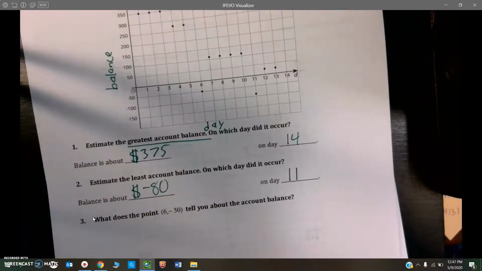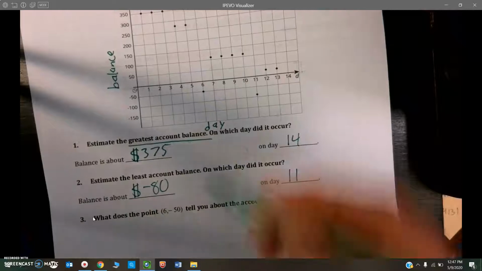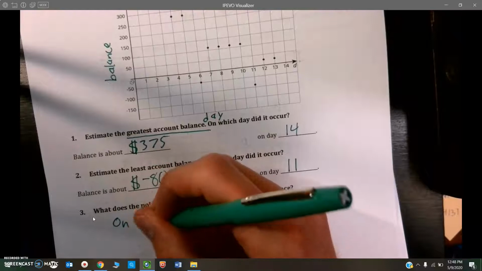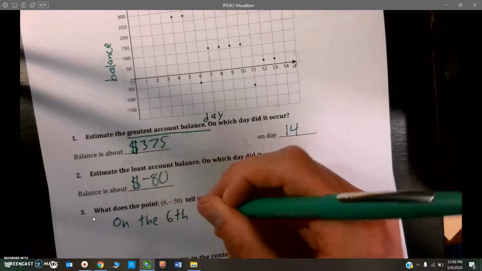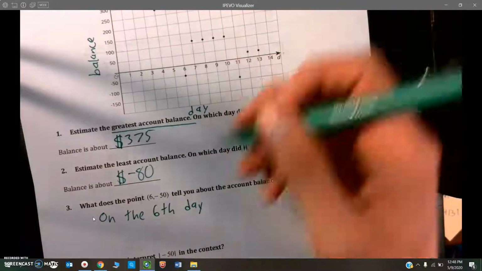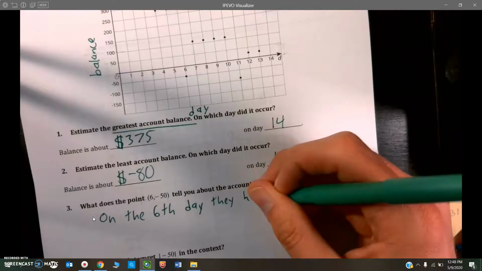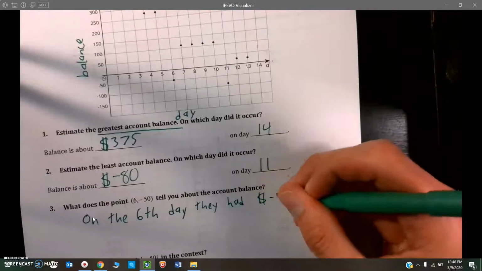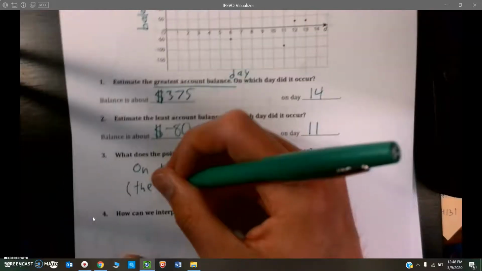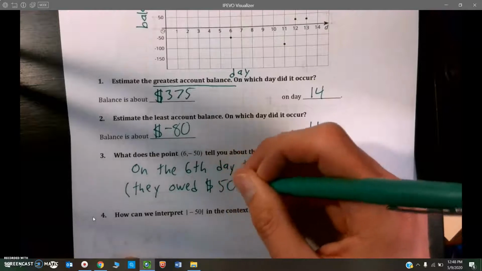So what does the point 6, -50 tell us about your account balance? 6 tells us about the day, so on the 6th day, and the Y is the balance. On the 6th day, they had -$50, which meant they owed $50.